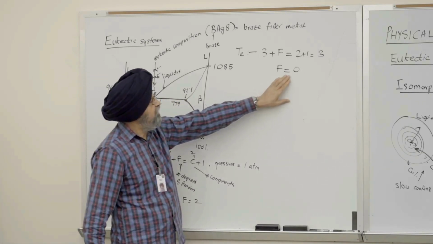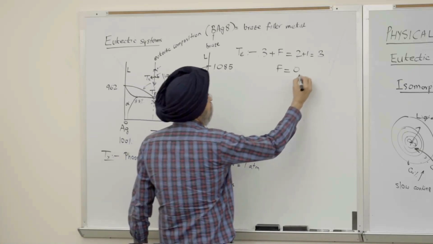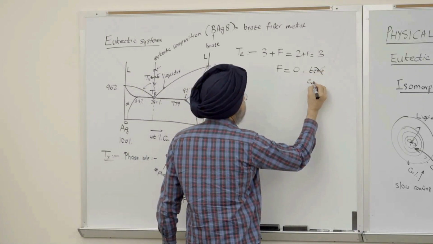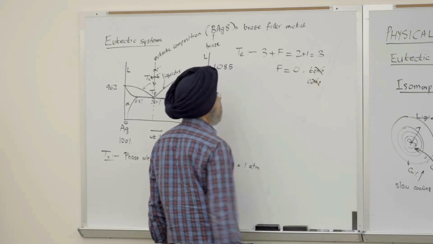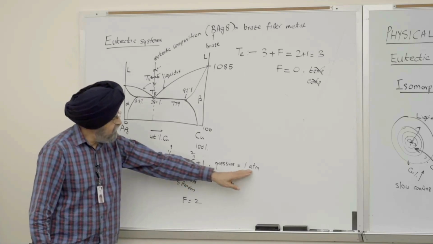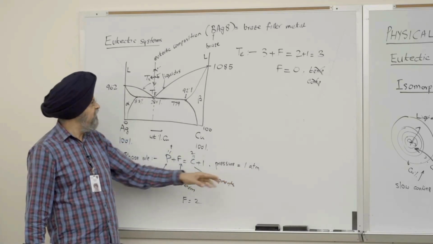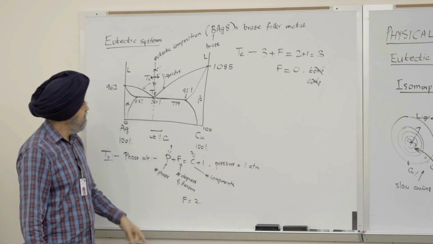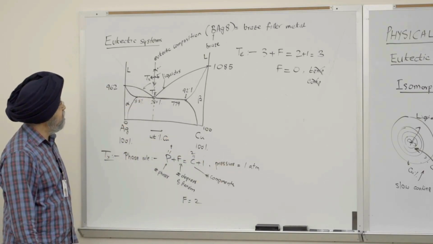That's why you have F equal to 0. Temperature cannot be changed. Composition cannot be changed. So nothing can be changed. So this point is fixed, as long as pressure is 1 atmosphere. If you change pressure, then this point will drift. The position of the point is a function of pressure.